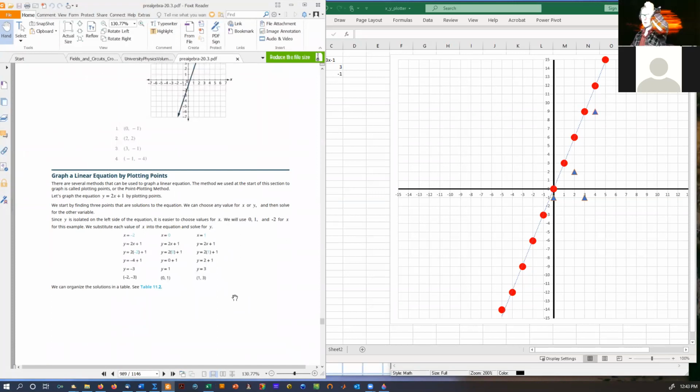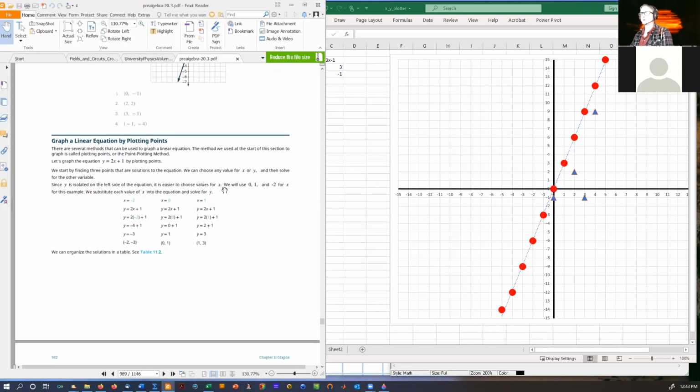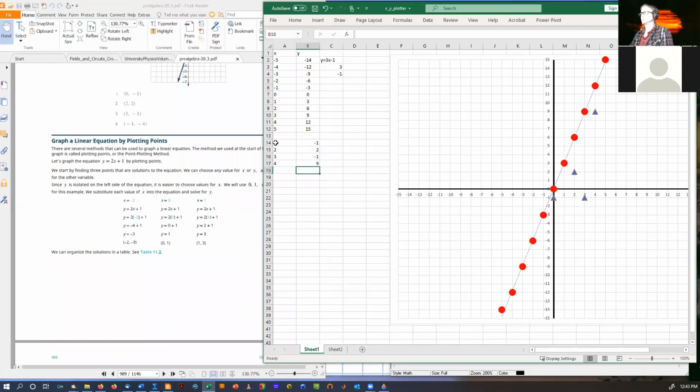And then we can also graph a linear equation by plotting points. We call this a point plotting line. So let's graph the equation y equals 2x plus 1 by plotting points, right? So we'll go down here and I'm going to clear this off.